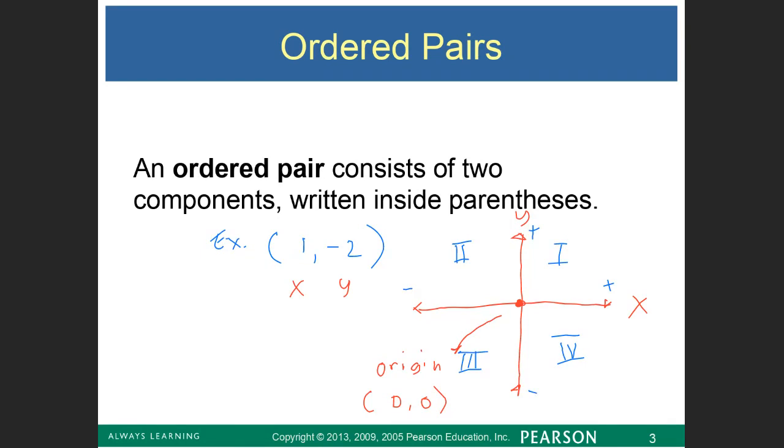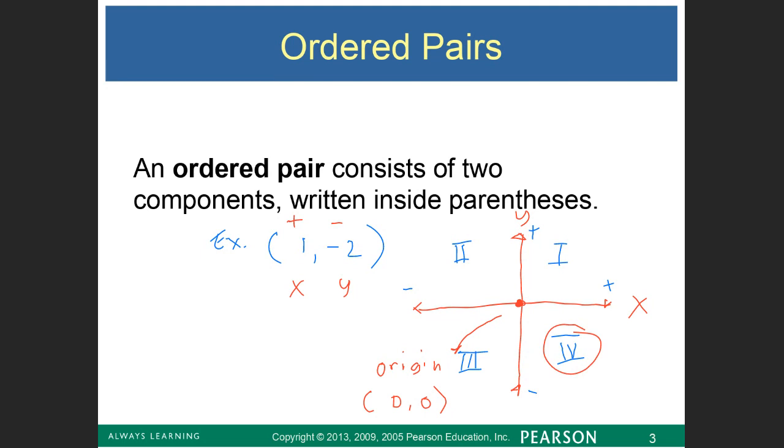So if you're looking at the ordered pair (1, -2), this ordered pair has a positive x and a negative y. So if you're asked what quadrant that ordered pair is in, you're looking at positive for your x and negative for your y, so that should be in quadrant 4.